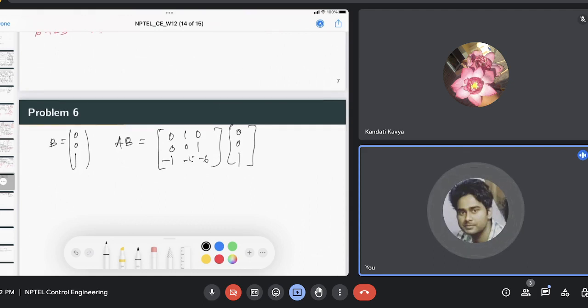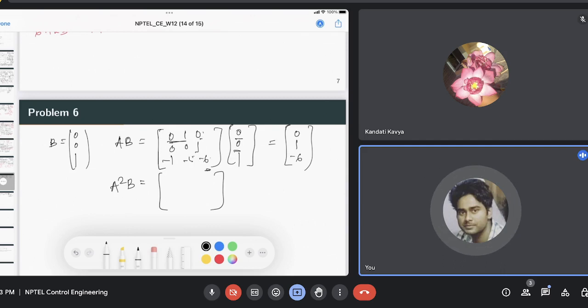You see that only the last element will come, because the others multiply by 0. So you can directly write 0 1 minus 6. Then we compute A squared B. You just need the last column only.